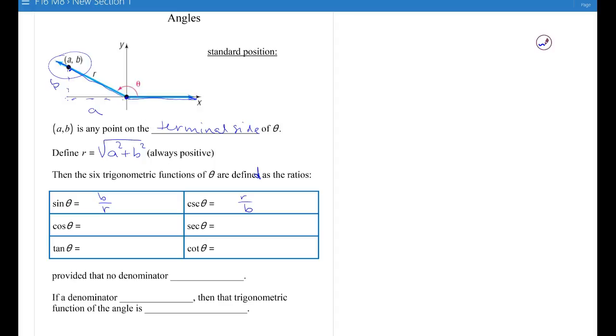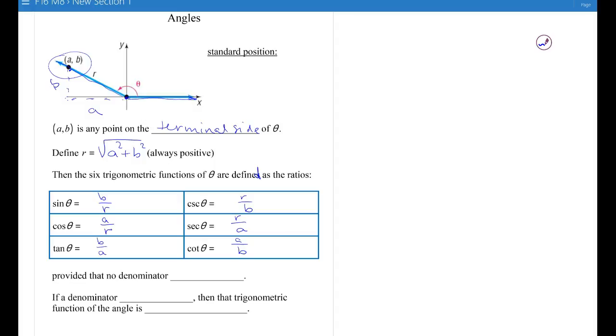So then the cosine of theta is going to be a over r, but that would actually be a negative number from this picture, right? So we're starting to expand our ideas of trigonometric functions that, oh, they could have negative values. And of course, the secant is the reciprocal of cosine, so it's r over a. So then the tangent of theta is sine over cosine, so b over a, so cotangent is a over b.